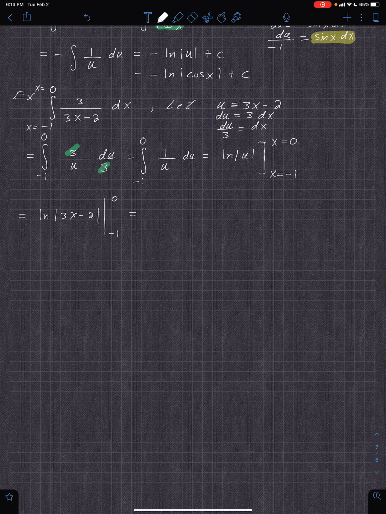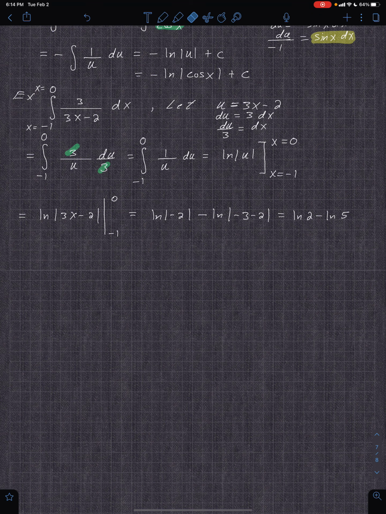And substitute in and simplify. So ln absolute value of -2 minus ln absolute value of -3 minus 2. Good thing we have absolute values in there, or we might have some problems. So ln 2 minus ln 5, which is equal to ln of 2/5. Oops, I wrote a 3, didn't I?